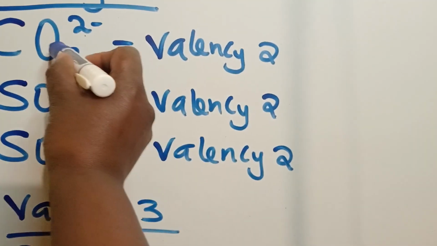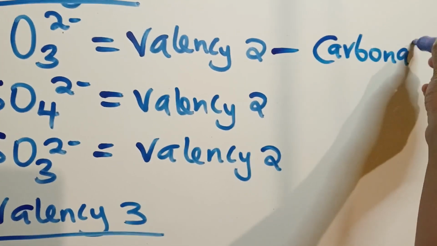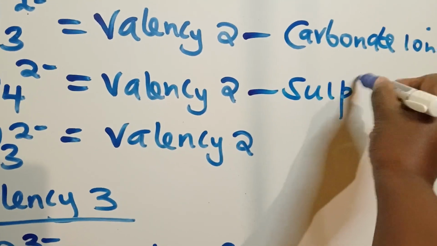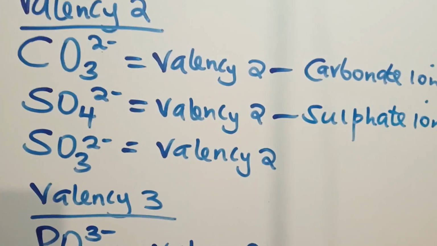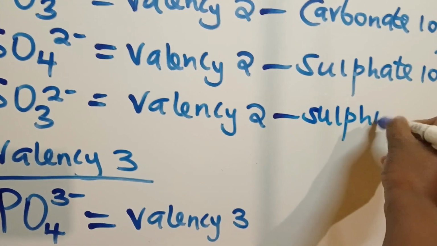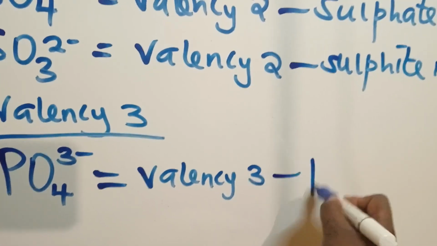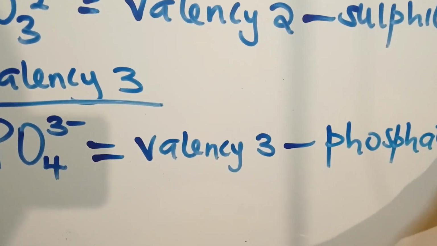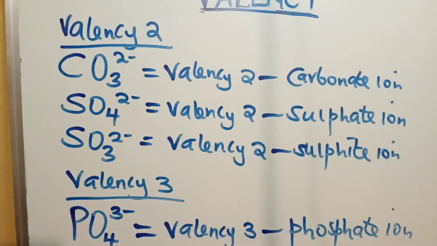So remember, this is the carbonate ion. This one is the sulfate ion, just in case you didn't get the name. This one is the sulfite ion. This one is the phosphate ion.